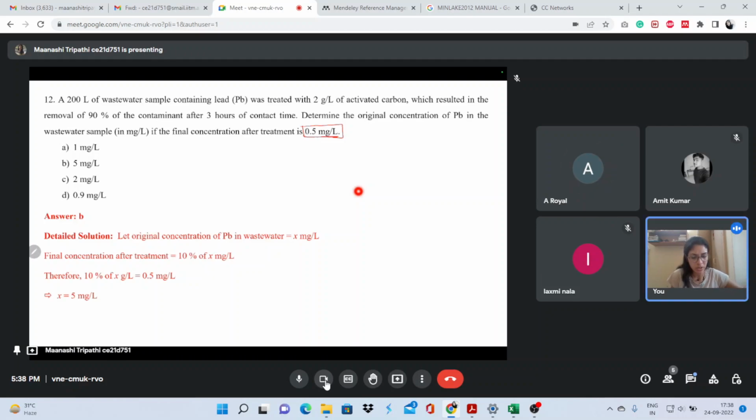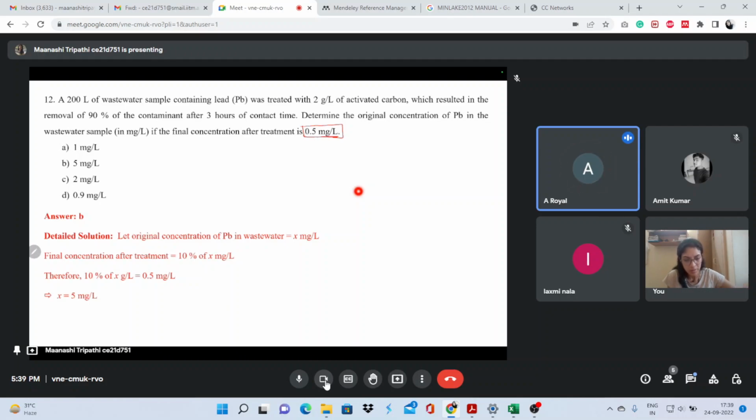I'm not getting your question. Since the final concentration is 0.5 milligram per liter, it means that some amount of lead remains in the water. True. Now the question was how much activated carbon we require to treat 200 liters.